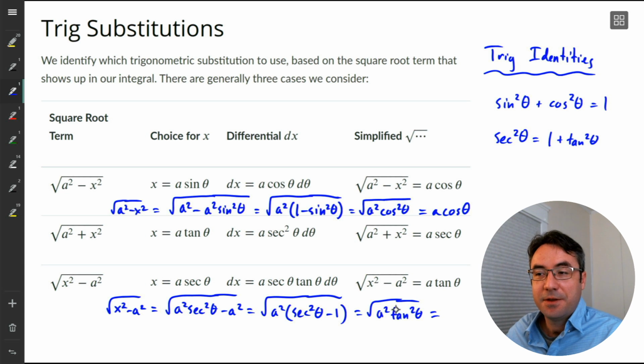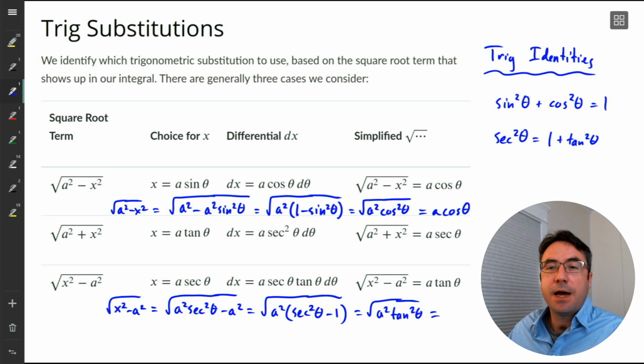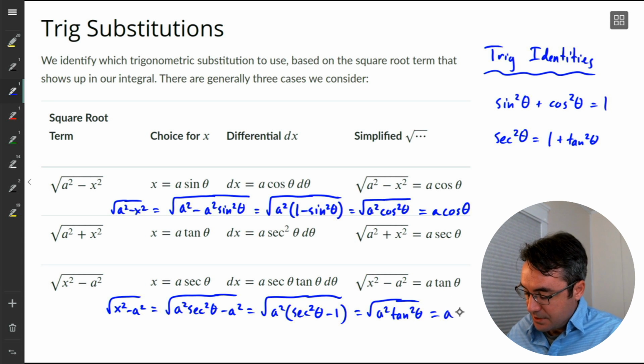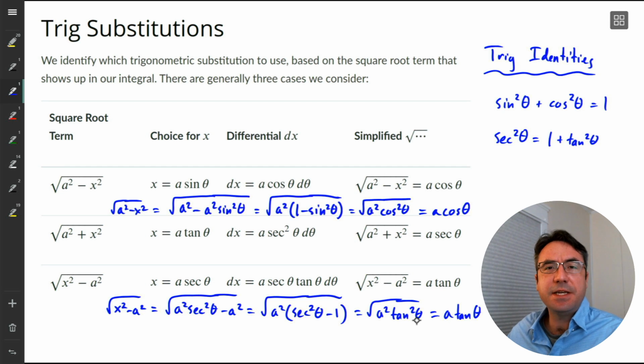We have two square terms under the square root, multiplication in between, so we can just do the square root of each of those individually, and we get a times tangent theta. Now there is some subtlety here in terms of we need theta to be certain values. But we can do this simplifying. So this ends up being a times tangent theta.